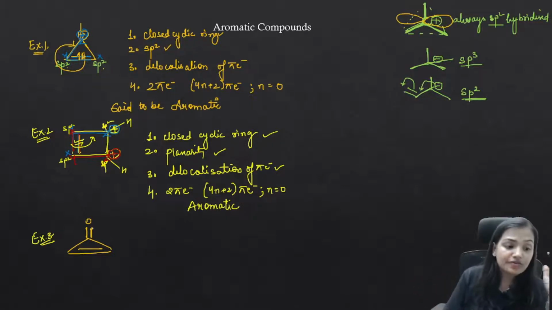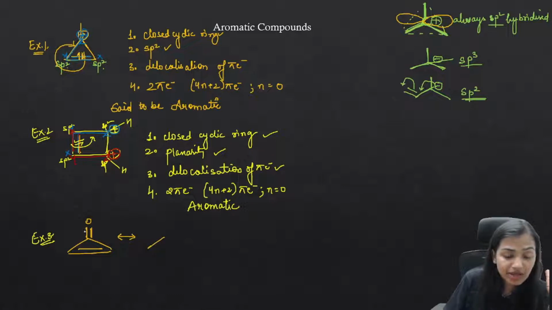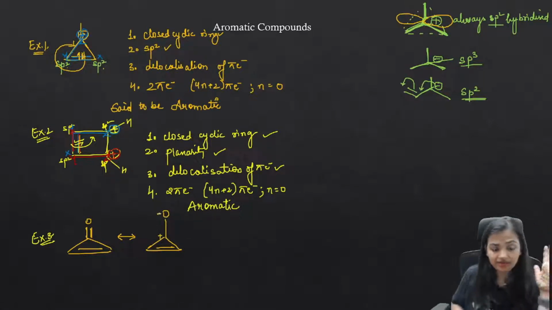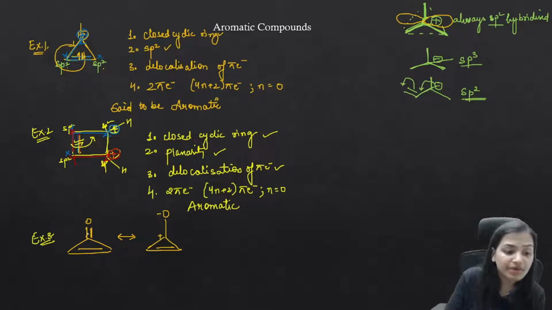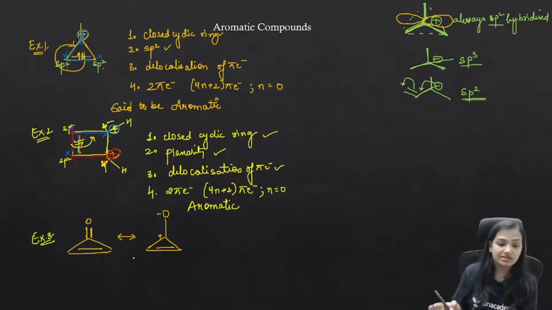No guys. Whenever we have this kind of question, we have to rearrange it. How? As per the electromeric effect, this pi bond has to be broken. When this pi bond is broken, you get a positive charge here and a negative charge here. So first we have to break this pi bond, and only then answer the question.